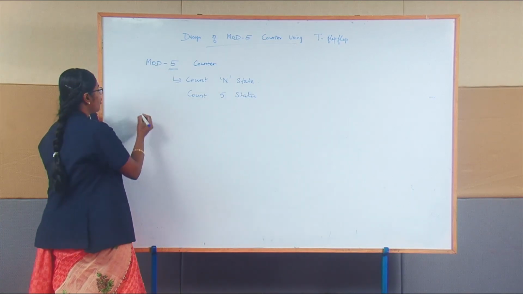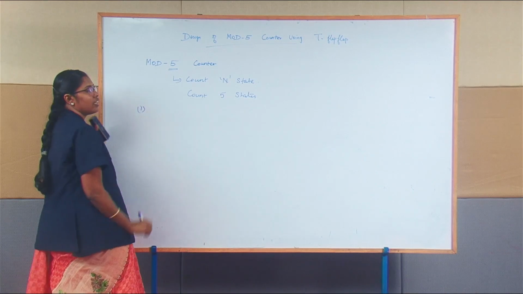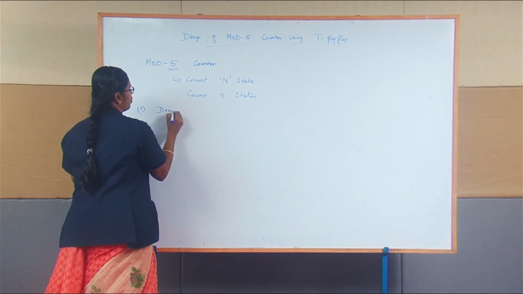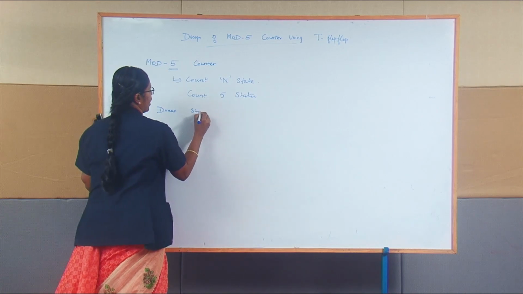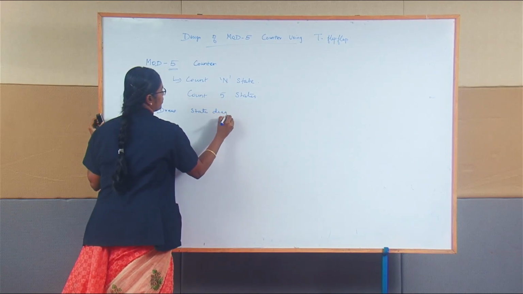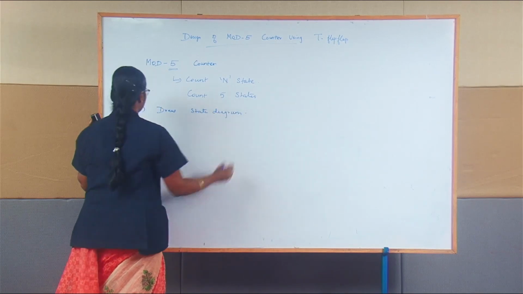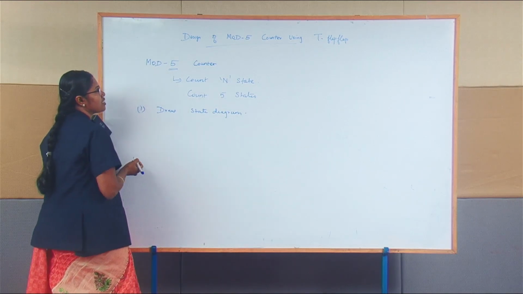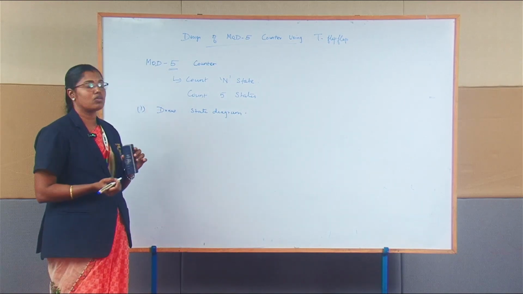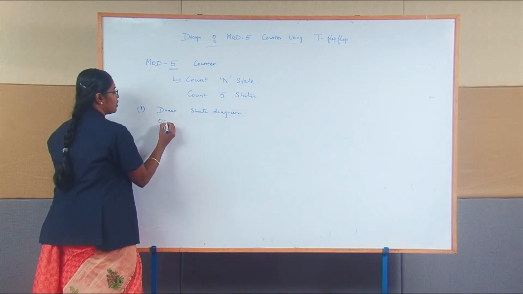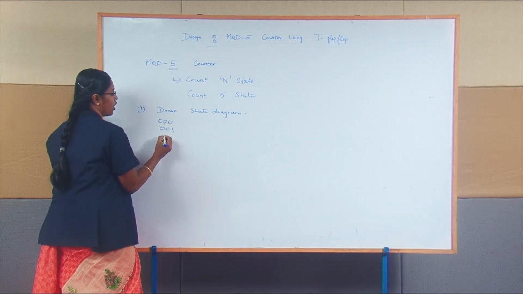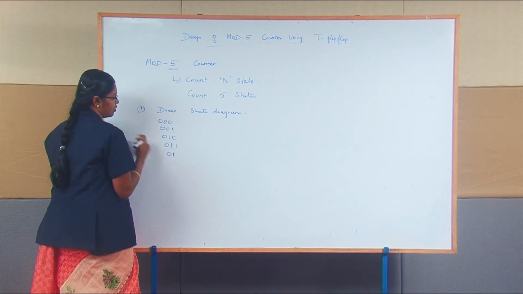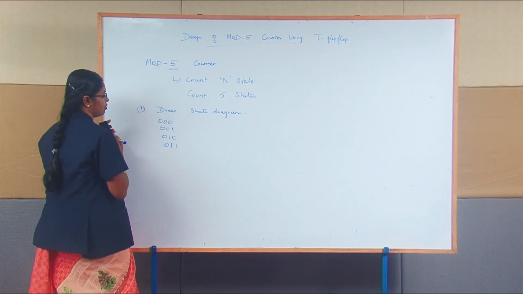The first step in the design of a counter is to draw the state diagram. First, let's see what the different states are. A mod 5 counter is going to count first 0, then 1, then 2, then 3, then 4.